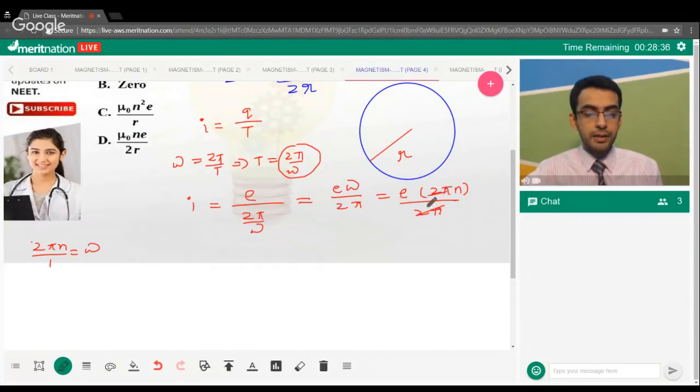Cancel the 2 pi, you get nE as the value of the current.